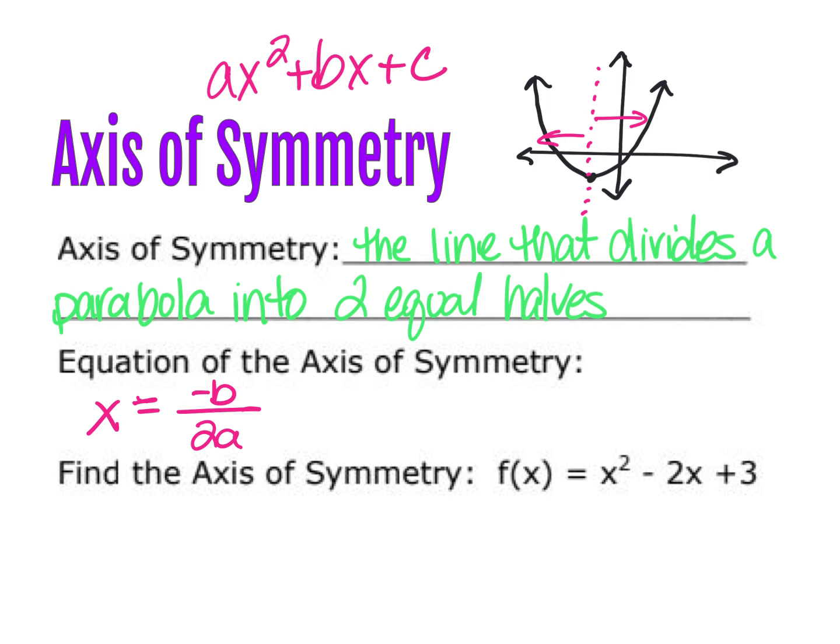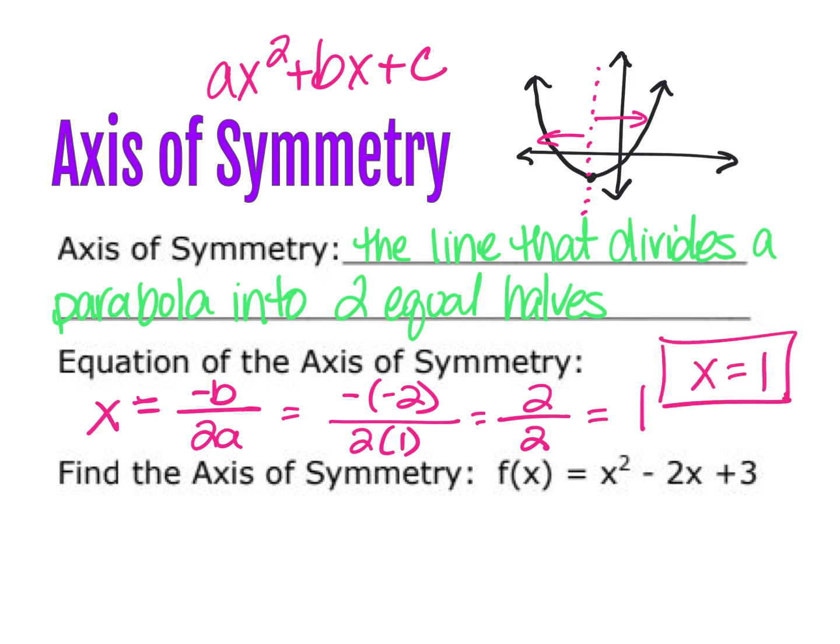Let's substitute using the one below. This would be the opposite of negative 2, over 2 times 1. The opposite of negative 2 would be positive 2, and 2 times 1 is 2. So our axis of symmetry is at x equals 1.